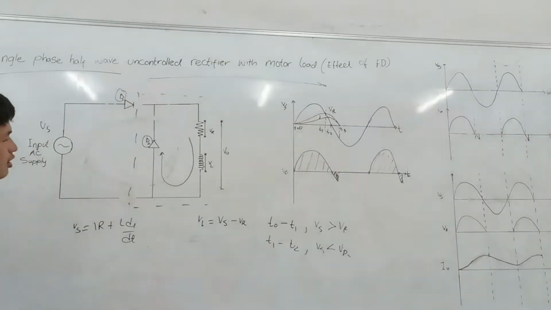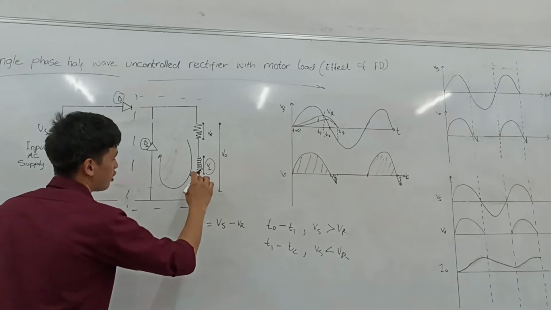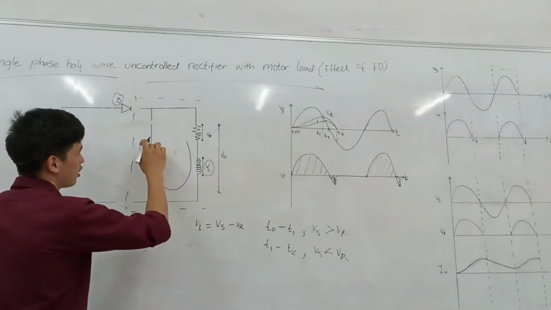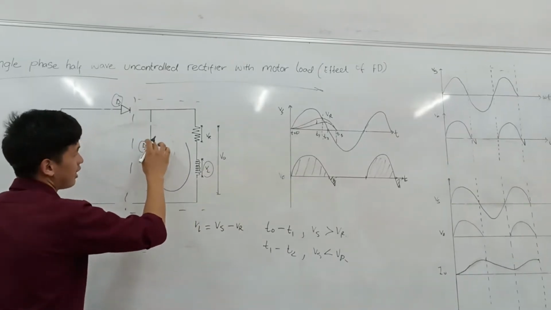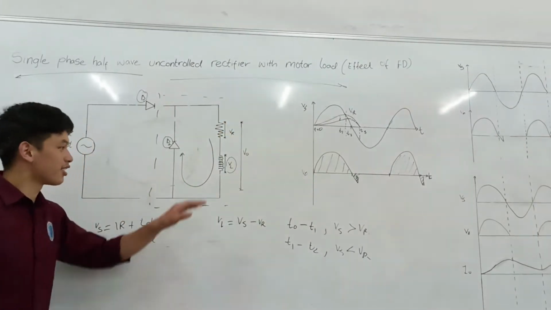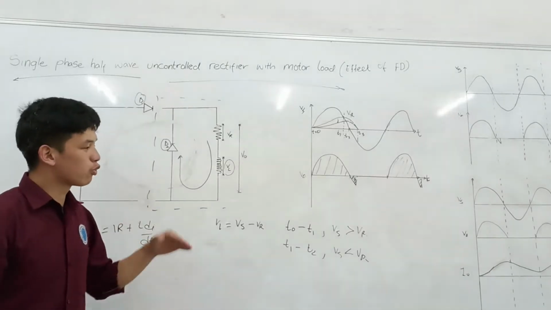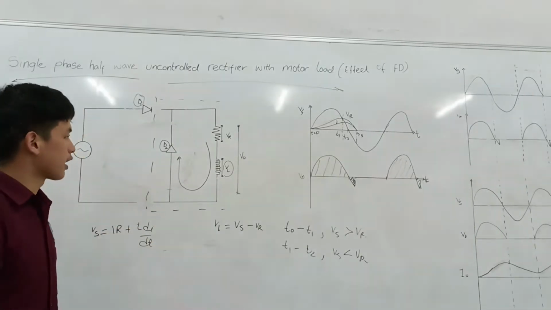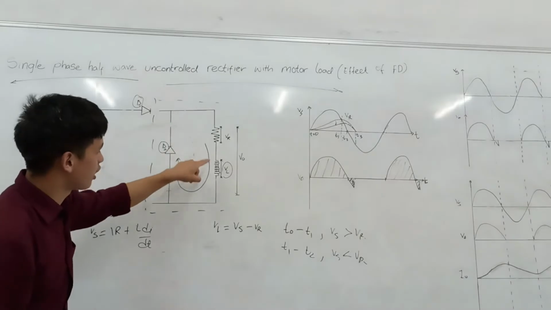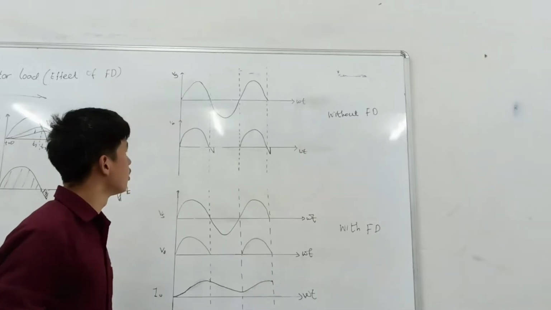As a result, the energy stored in the inductor is released through the diode, which is now short-circuited, and it flows to the resistor and is dissipated in the resistor. As a result, there will be a smooth output voltage waveform, as well as continuous current flow in the output of the motor.